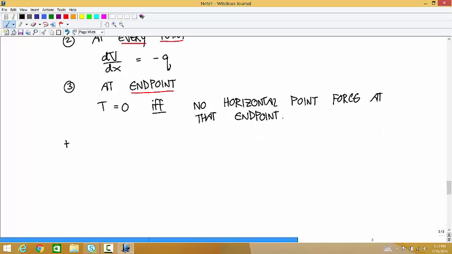The next check, at any endpoint, v is equal to 0 if and only if, what do you think? Yep, no vertical point force at that endpoint.